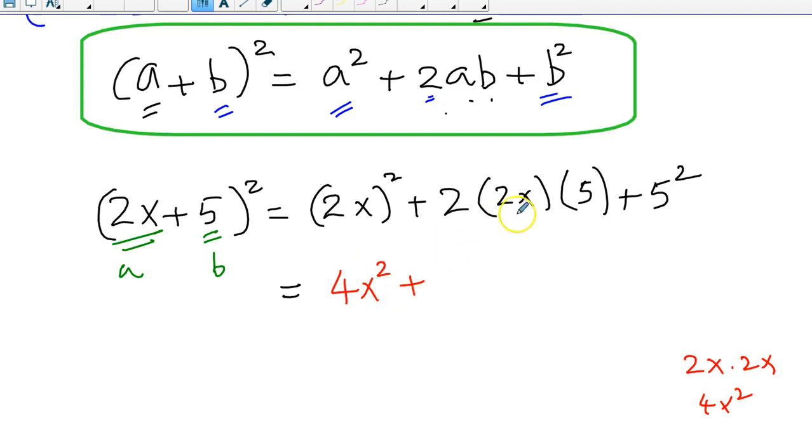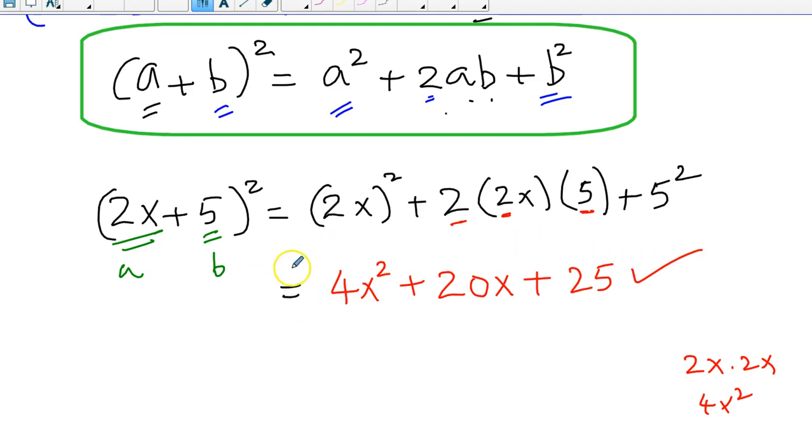Plus these numbers, 2 times 2 times 5. 2 times 2 is 4, 4 times 5 is 20, and there is an x. So it is 20x plus 5 square, that is 5 times 5, 25. That's all. This is your answer.